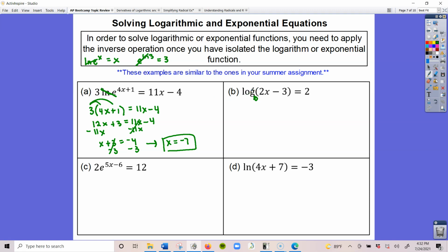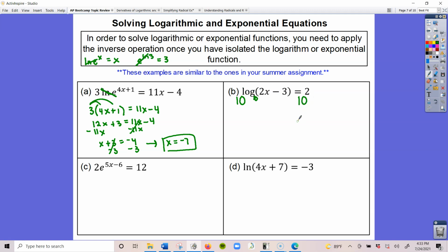To cancel out the logarithm, you turn that logarithm into the exponent. If the base is 10, then 10 is going to be the base and this will be the exponent. So I'm going to apply 10 as my base, but whatever you do on the left, you have to do on the right.